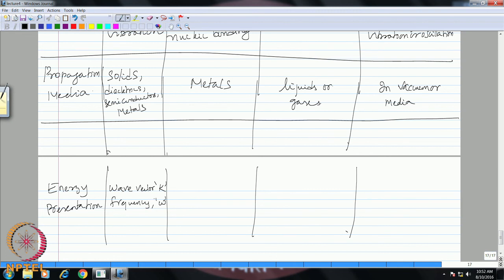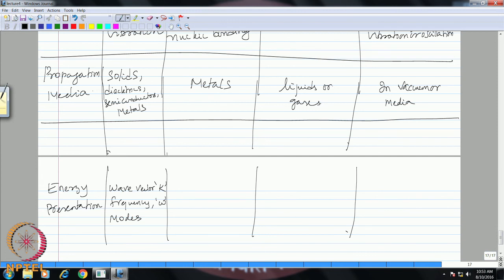So, now you see, although we are calling these particles, when we look at the energy, we can represent the energy looking at the wave picture. Because wave vector can be attributed only to a wave, similarly with the frequencies, right. So, apart from that, the phonons have what are called modes, different modes we will see in the future.